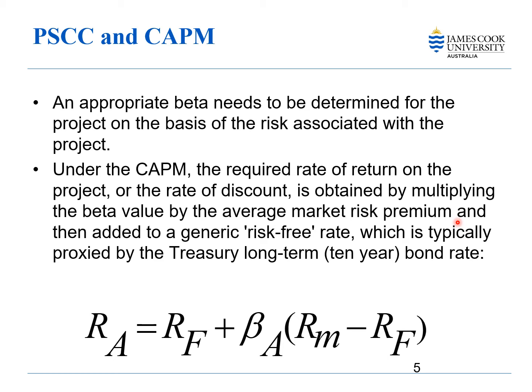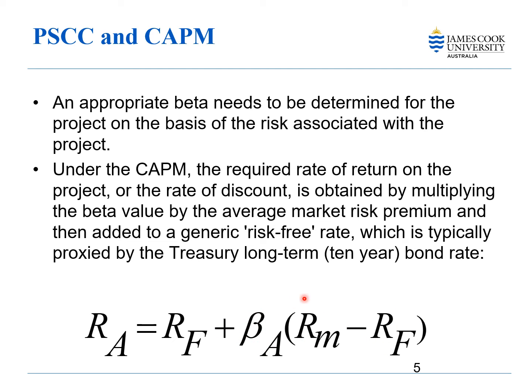Under the CAPM, the required rate of return on the project, or the discount rate, is obtained by multiplying the beta by the average market risk premium and then adding it to a generic risk-free rate, which is typically proxied by the Treasury long-term bond rate. So there's a risk-free rate plus this term that captures risk premium.